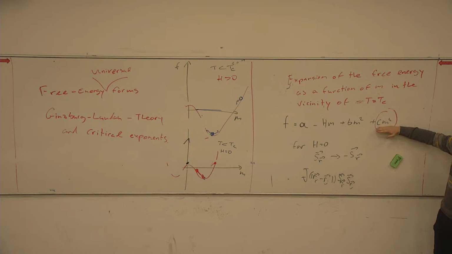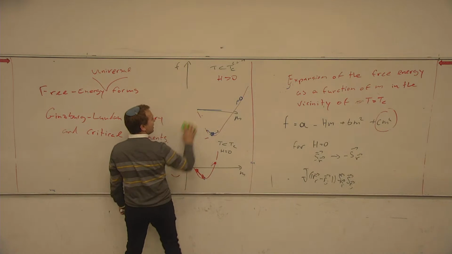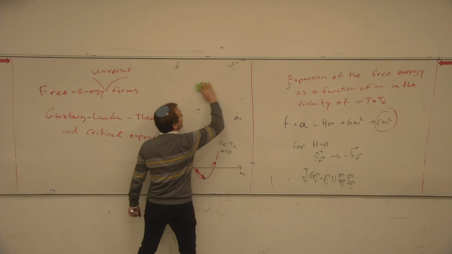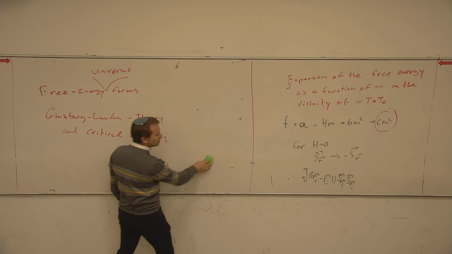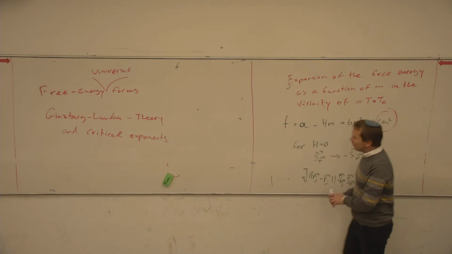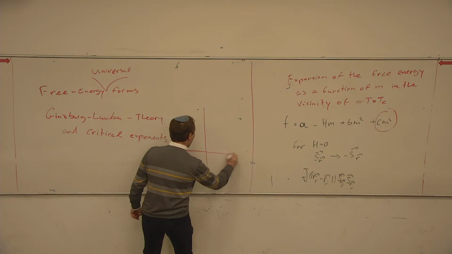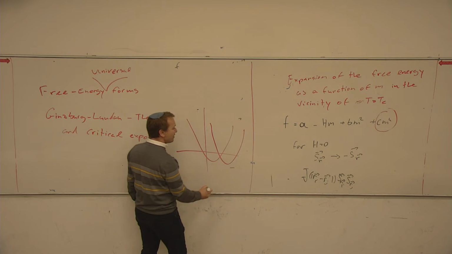So why add a fourth order to our free energy? Exactly. If I have only the second term of M, it's always going to be a parabola, right? If our free energy depends on M only up to the second power, the only thing that can happen is that I have a parabola over here, or I have a parabola over there.